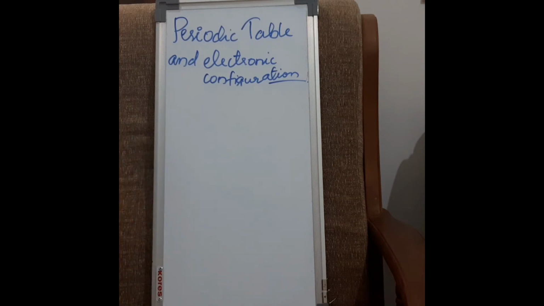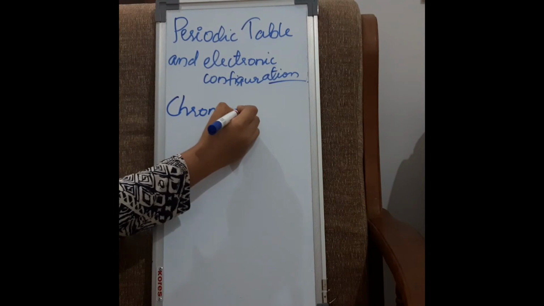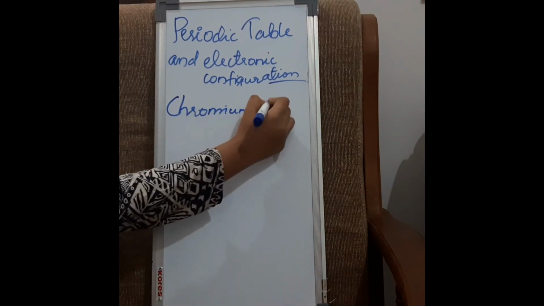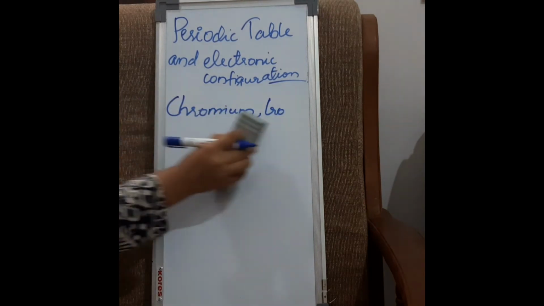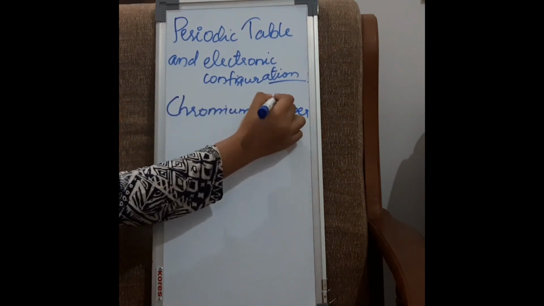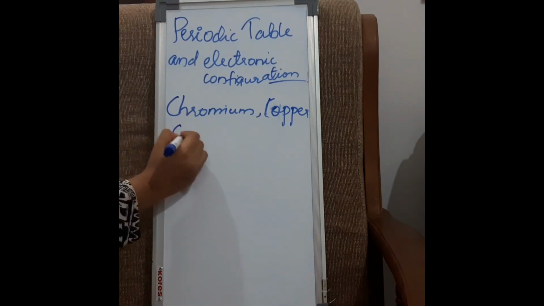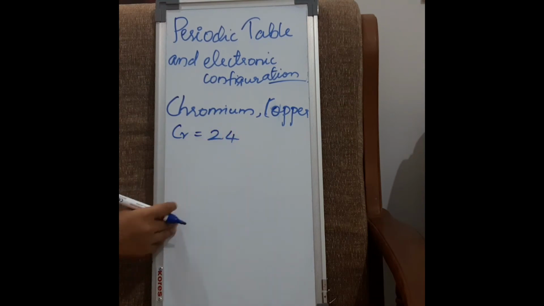chromium and copper. Two elements, very കേട്ട് പരിചയമുള്ള രണ്ട് എലമെന്റ്സ്, ക്രോമിയം ആൻഡ് കോപ്പർ. ഈ രണ്ട് എലമെന്റ്സിന് എന്തോ ഒരു പ്രത്യേകതയുണ്ട്. അതെന്താന്ന് നോക്കാം. The atomic number of chromium, that is Cr, is 24.